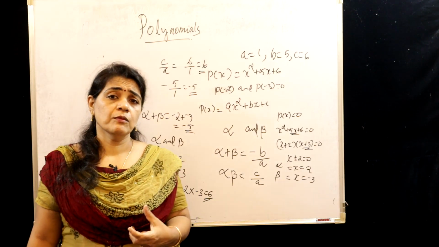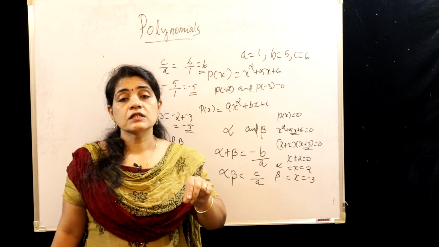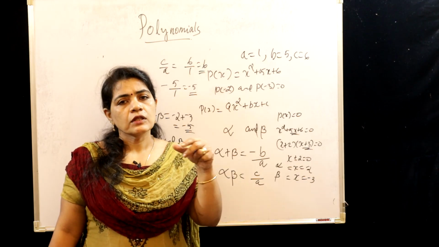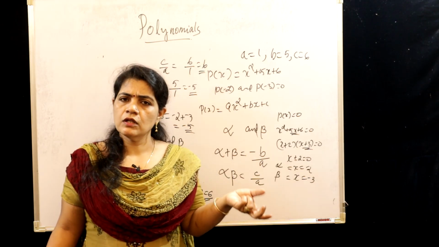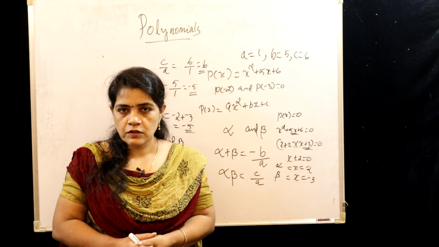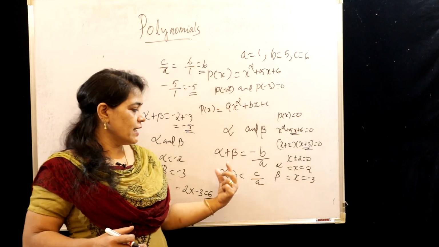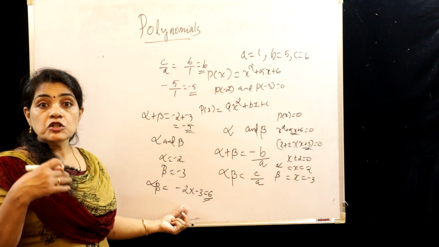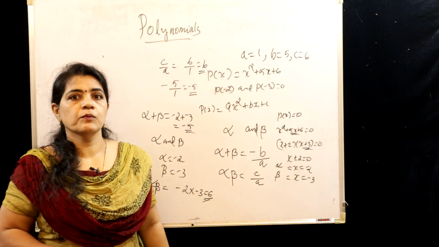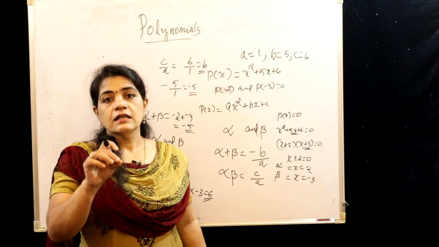And one more very important point: if you know the zeros alpha and beta, or the sum of the zeros and the product of zeros, you can easily form a quadratic polynomial. Taking the same example, I can show how we can form a quadratic polynomial if you are given the zeros.